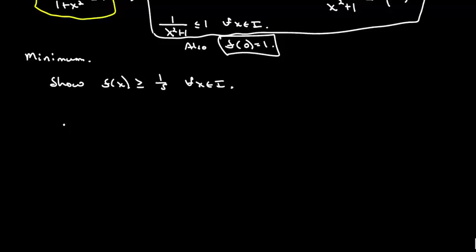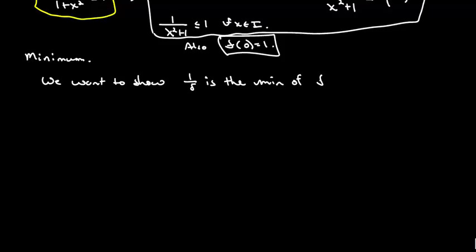So if we want to show, let me write this out nice and formally, that 1/5 is the min of f of x, which equals 1 over x squared plus 1 on the interval -2 to 2, then we're going to show the following.